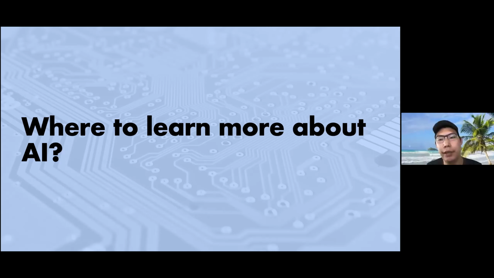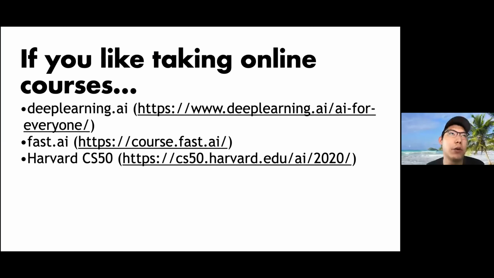So what are good places to start learning about these topics? If you like taking online courses, deeplearning.ai has a lot of good material. Here I linked the course AI for Everyone, but they also have courses specifically for NLP, natural language processing, and other topics. Another place that I like is fast.ai. It has a pretty good course that's pretty accessible, that someone with only introductory knowledge is able to understand.